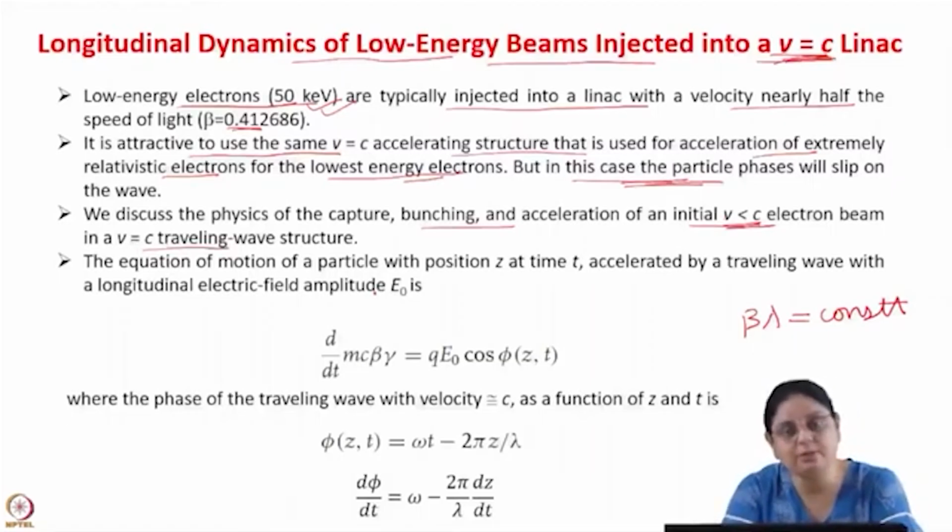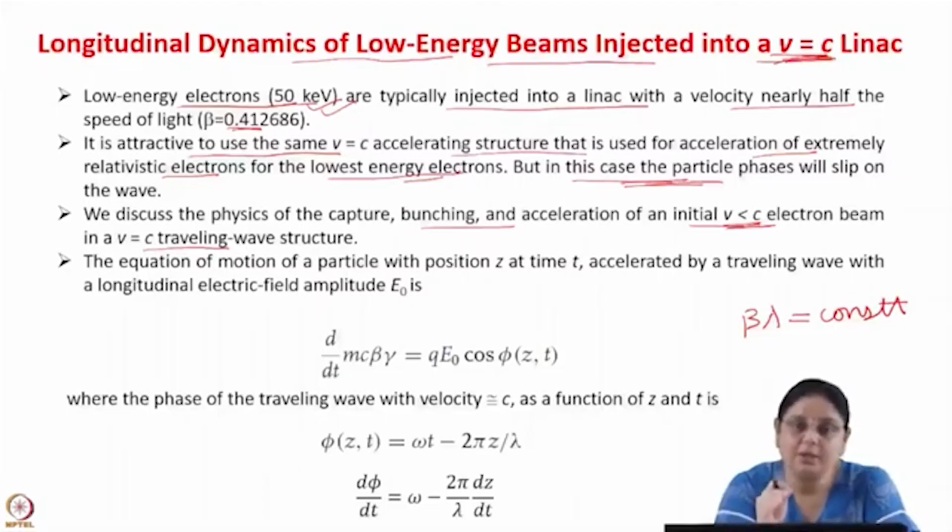So we have a V equal to C travelling wave structure. What's a travelling wave structure? It's a periodically loaded waveguide. If you recall, in one of the previous lectures we studied travelling wave structures. We saw that the hollow waveguide cannot be used for acceleration because there the phase velocity is greater than the velocity of light.